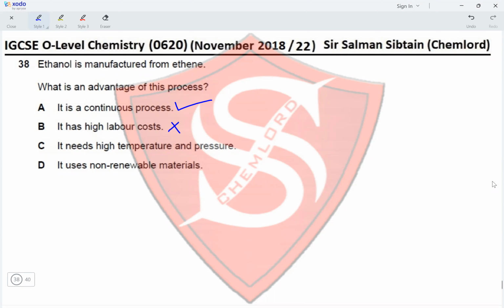It needs high temperature and pressure. That's a disadvantage. And it uses non-renewable materials. That is also a disadvantage. So out of these, the only advantage is that it is a continuous process. So we can continuously make ethanol from ethene. Therefore, option A is the correct option for this question.